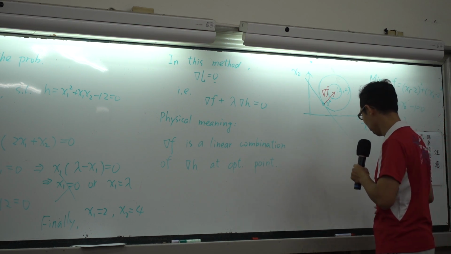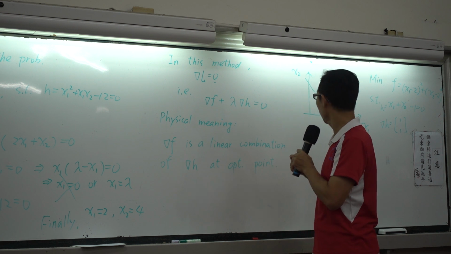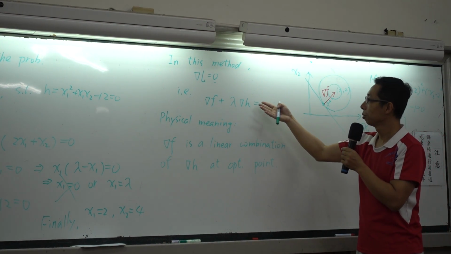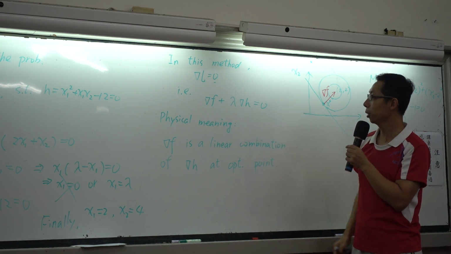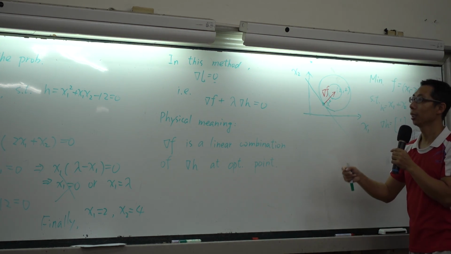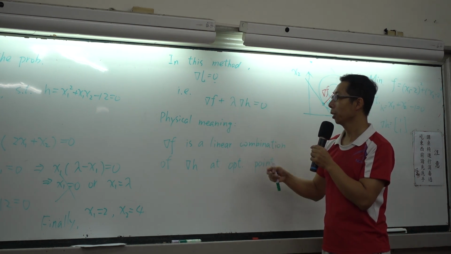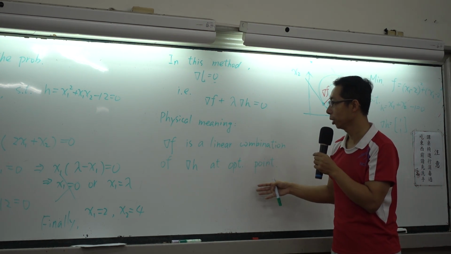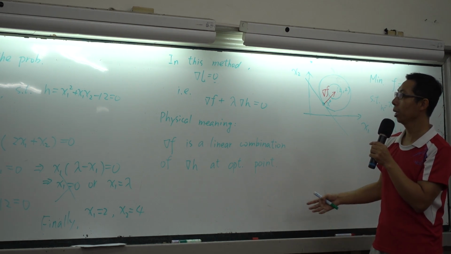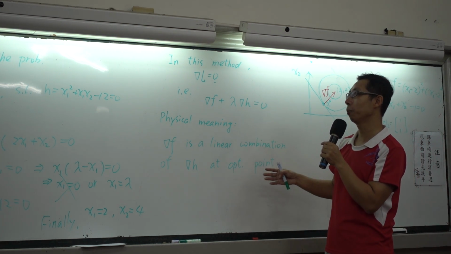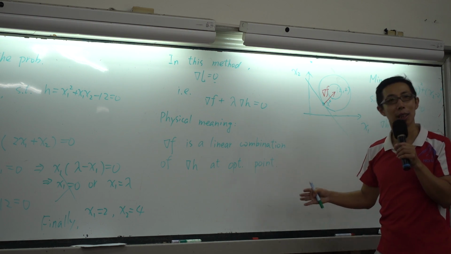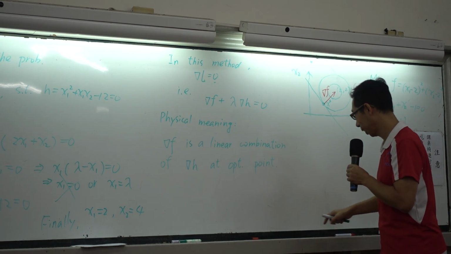So, as you can see, it just means that gradient h and gradient f are in the same direction. And if we have more constraints, then gradient f is a linear combination of gradient h at the optimum point. Okay, so I just want to show you the physical meaning or the geometrical meaning of the Lagrange multiplier method. Okay? Yeah. So let's take a break. Okay.